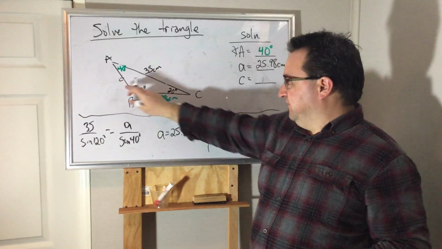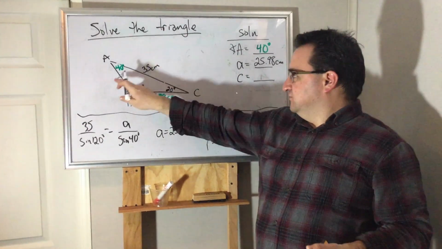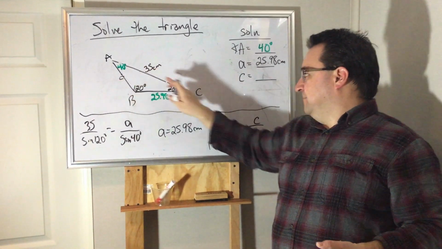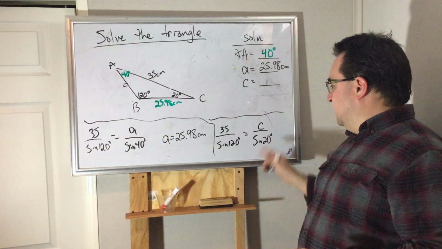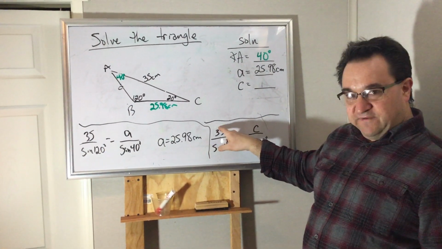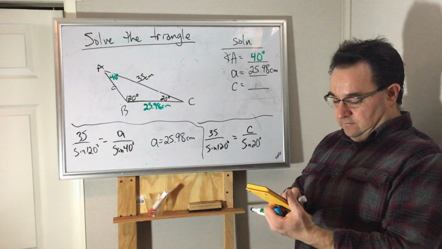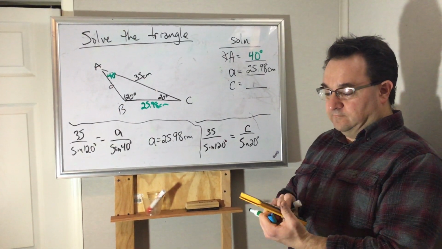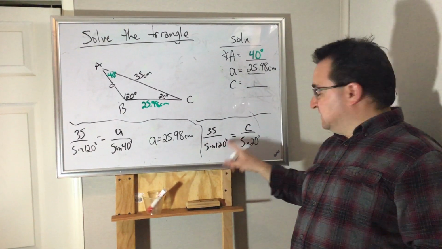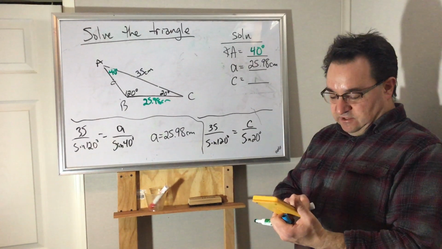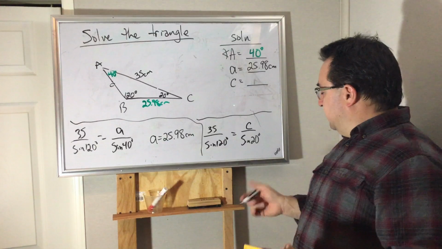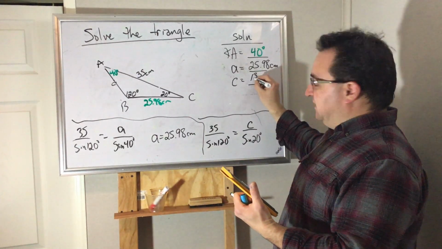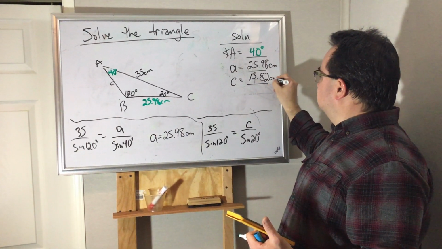And now I'm specifically looking for C, so I have to put the angle opposite here, sine of 20. And this is going to be 35 times sine of 20 divided by sine of 120, because it's across from the unknown. And my calculator is saying 13.82 centimeters.